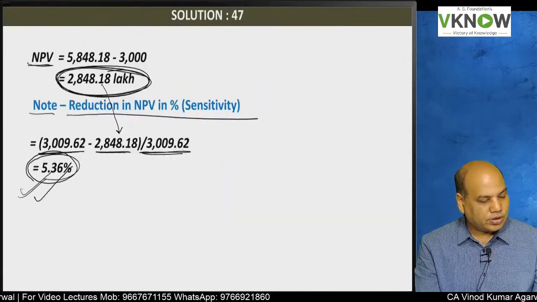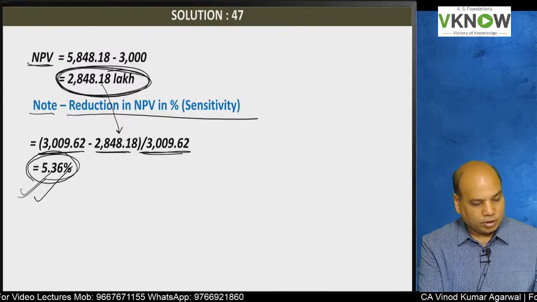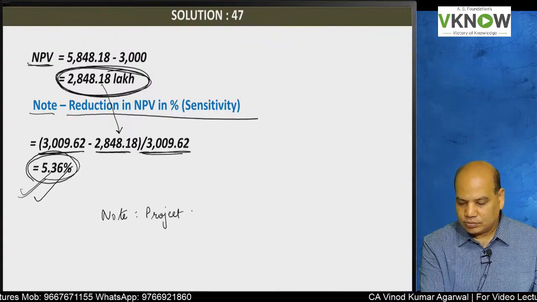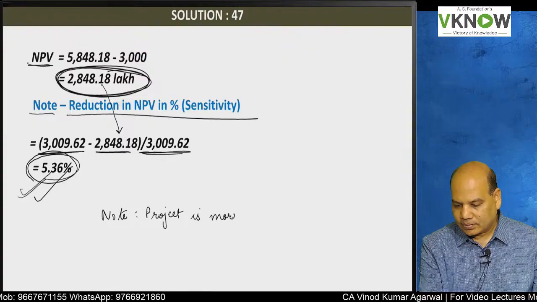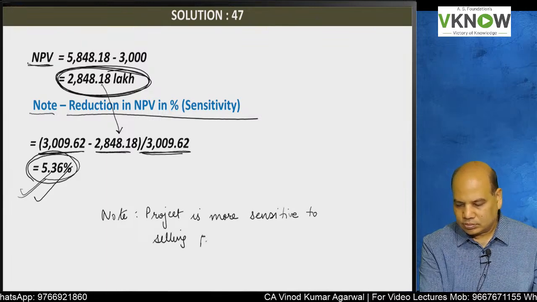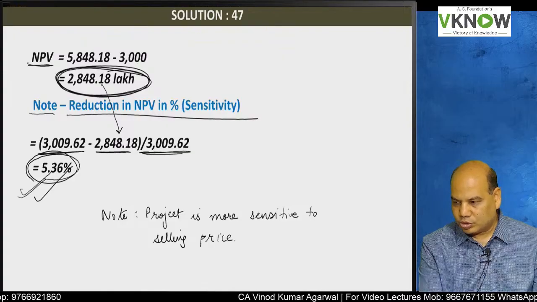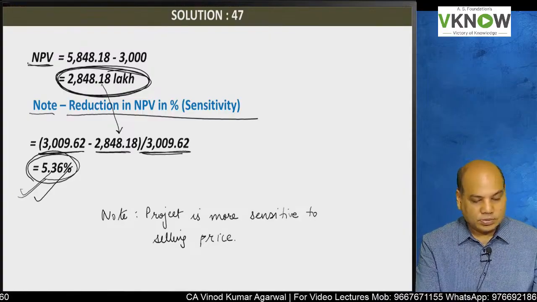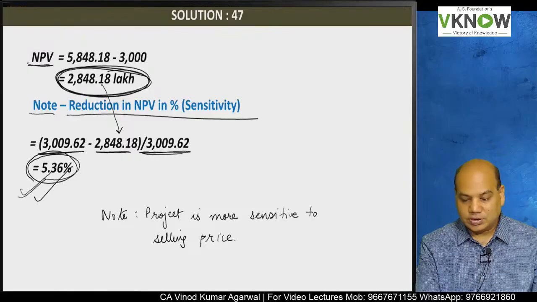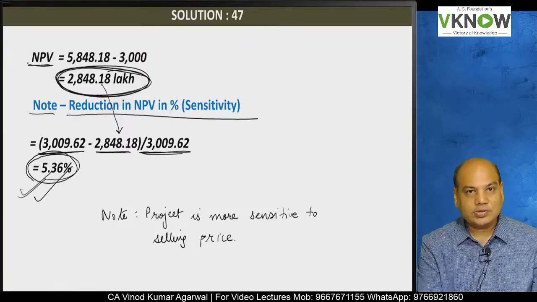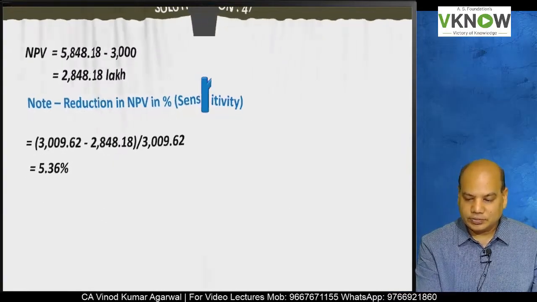So project is more sensitive to which variable? Write down note: project is more sensitive to selling price, because in case of selling price reduction by 10%, the NPV had gone down by 36.18%, but in this case it is only 5.36%.